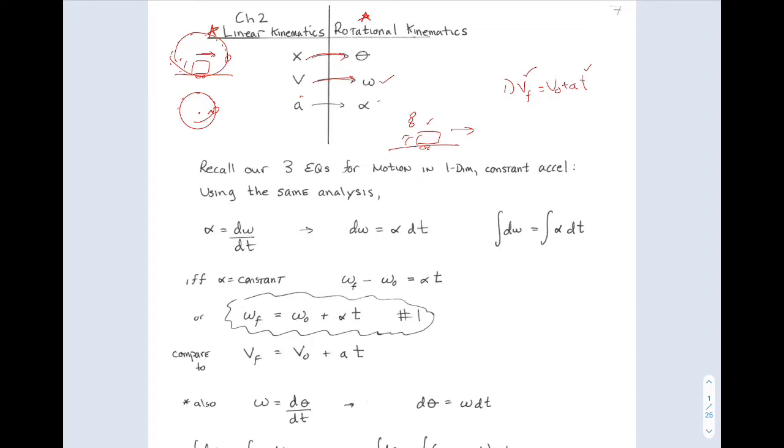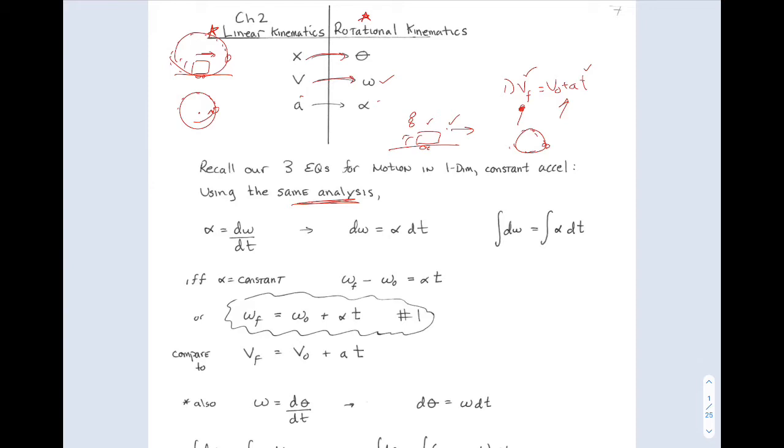Again, now I take the road and I bend it in a circle and the car is going around. So instead of asking what's the speed v of the speedometer, like we did in chapter 2, I'm going to ask what's the rotational speed. So we're going to use the exact same analysis we did in chapter 2 to derive that.